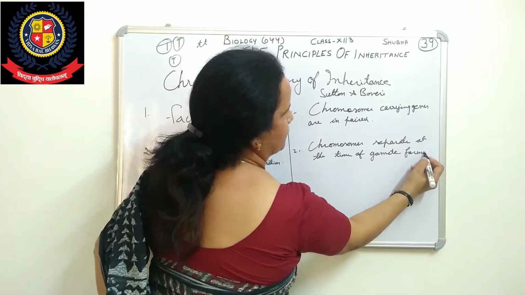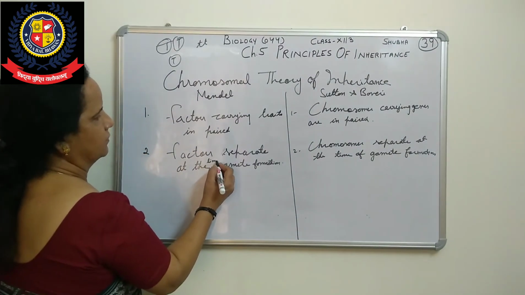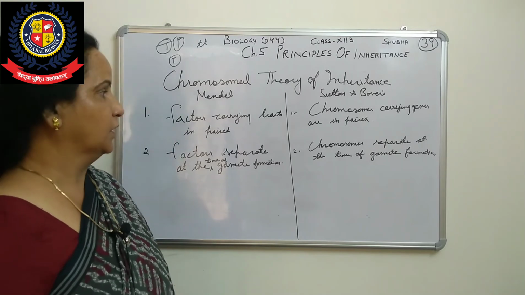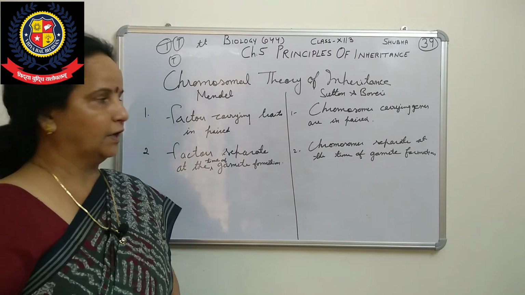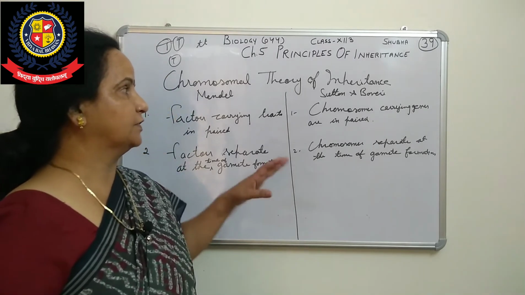Here you can also write that factors separate at the time of gamete formation. Here also the same: chromosomes separate at the time of gamete formation. As you know, meiosis and mitosis you did in class 11. So both are the same.